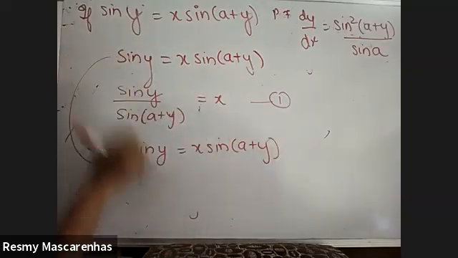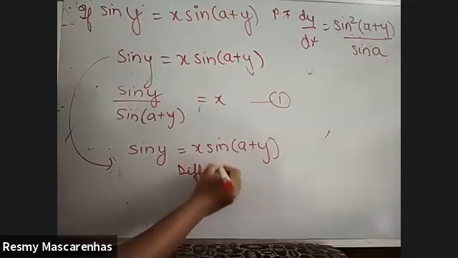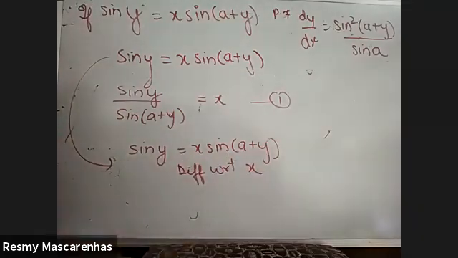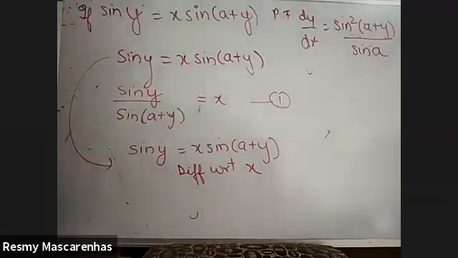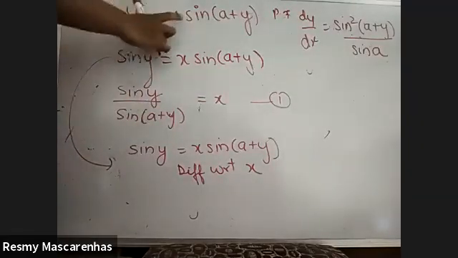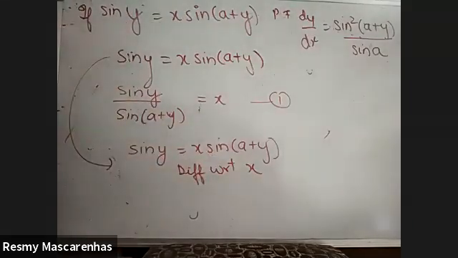So write the same thing, whatever question has been given, again, and now differentiate with respect to x. If you have not done this step, it's okay. If you had forgotten it, whatever question has been given, you write it and directly start differentiating with respect to x.